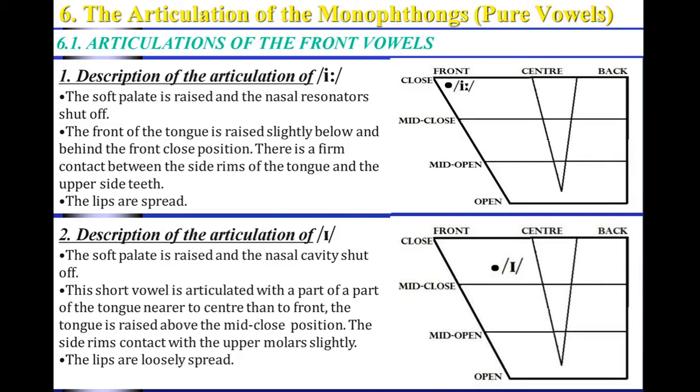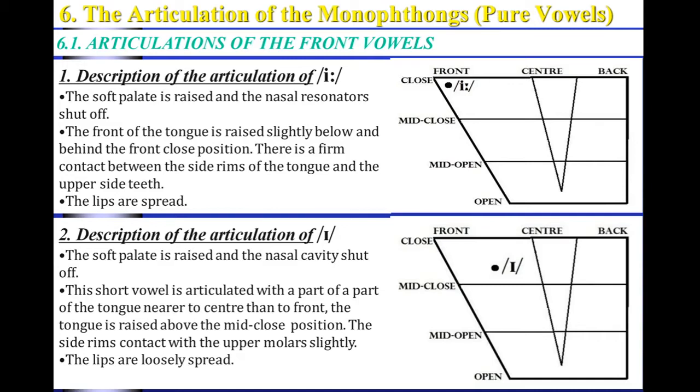The articulation of pure vowels. Description of long E. The soft palate, as you can notice in the chart, is raised and the nasal resonators shut off. The front of the tongue is raised slightly below and behind the front closed position. There's a firm contact between the side rims of the tongue and the upper side teeth.